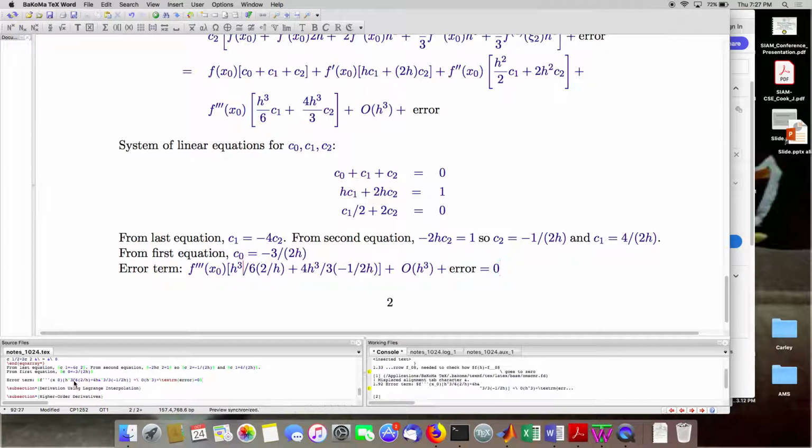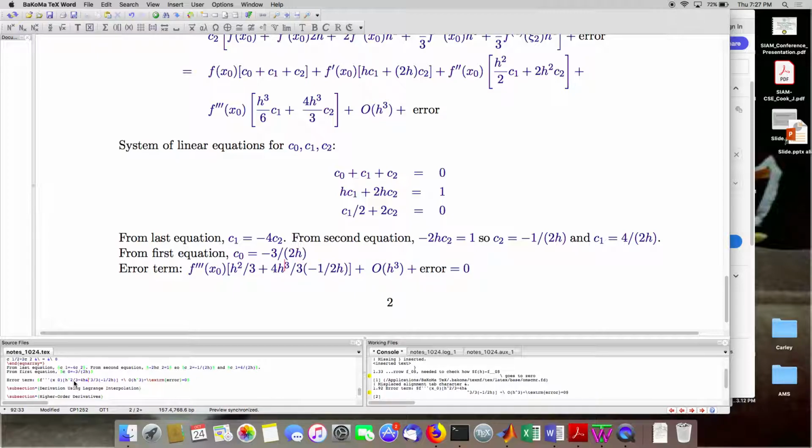So first, I have 2h squared over 6, which gets rid of the h, so that's h squared over 3. Then I have a minus. I have h squared, which gets rid of the h down there, and then 4/3 times 1/2 is 2/3.